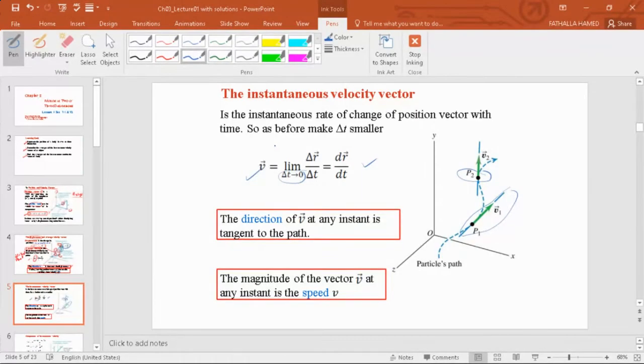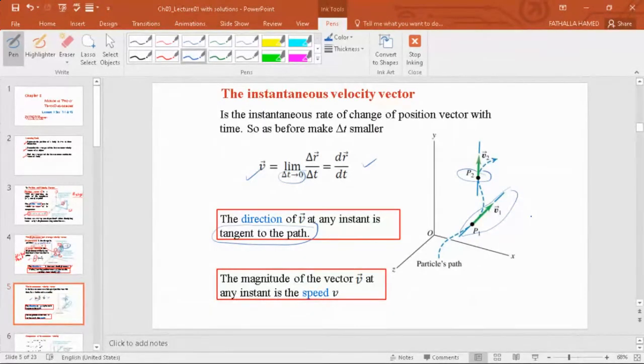Direction now is what we say here. It is tangent to the path. That's why v2 is tangent at P2 here, and v1 is tangent at P1 here. And like in the previous slide, we said the average velocity is in the direction of the displacement, which is delta r.